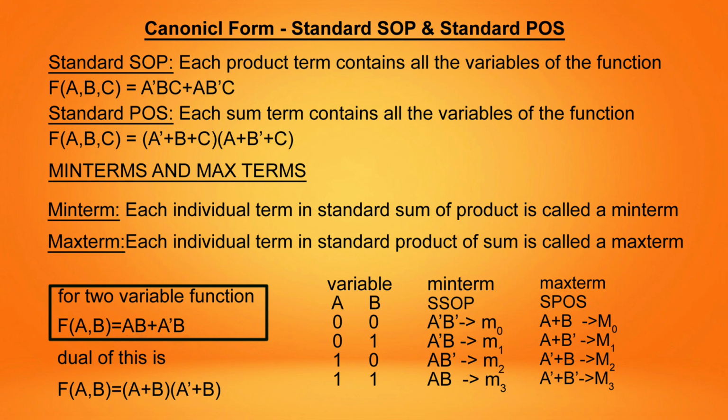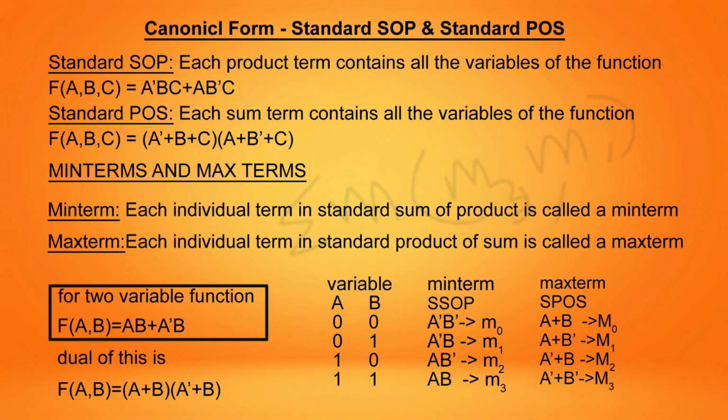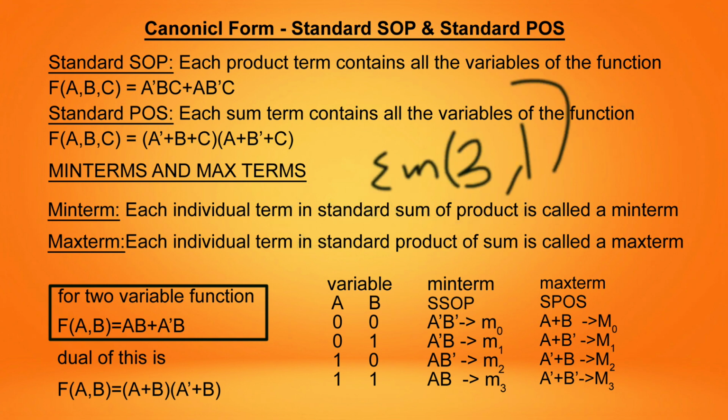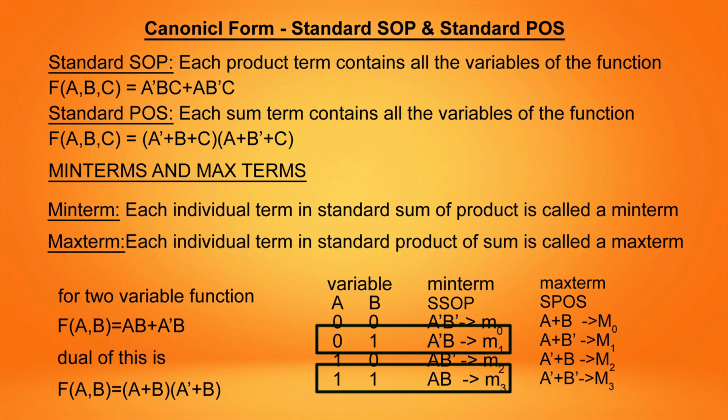From this, we can write minterms as sigma m of 3, 1. Seeing this summation itself, you can say these are minterms. Binary for 1 is 0,1 and binary value of 3 is 1,1. 0,1 we can represent as a bar b and 1,1 we can represent as ab.